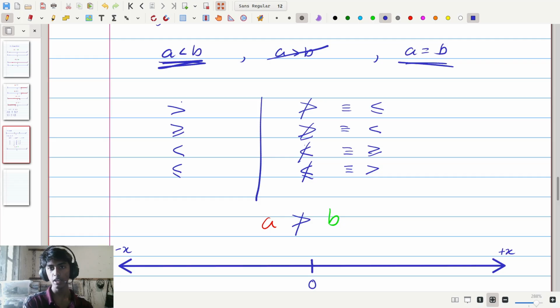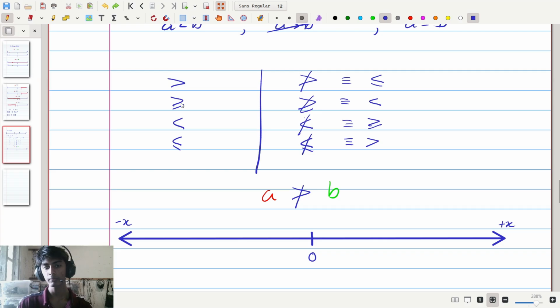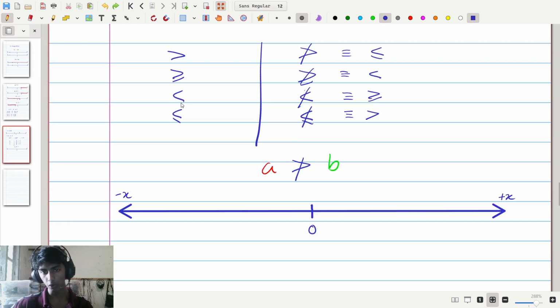Either A is less than B or A is equal to B. We have a single symbol that represents both of these cases together as an or statement, and that is the case that A is less than or A is equal to B, i.e. A is less than or equal to B. So therefore, without even having to draw a number line, we have the statement that A is not greater than B is identical to the statement saying that the value A is less than or equal to the value B.